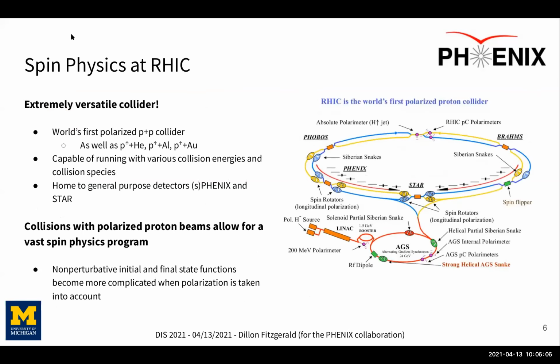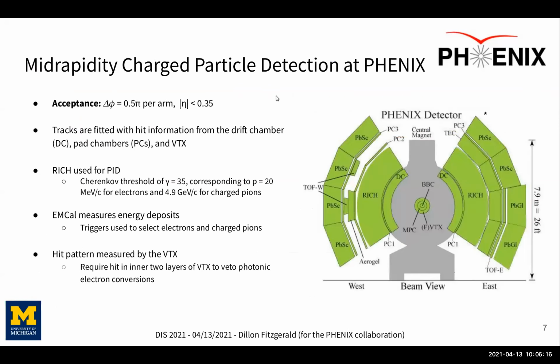Okay, so these types of measurements are afforded to us by the spin physics program at the Relativistic Heavy Ion Collider, but we've already seen this in some previous talks, so I'm going to go ahead and talk about mid-rapidity charged particle detection at PHENIX. This is, again, a mid-rapidity measurement, so we're just talking about the central arms. This is transverse to the beam pipe that you're looking at here.